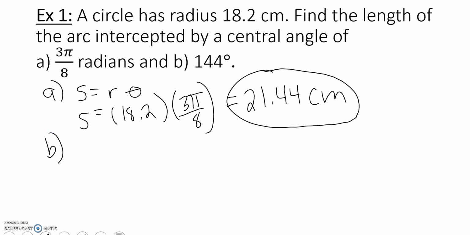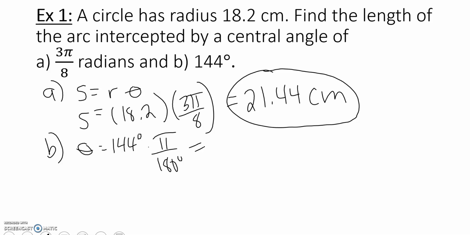Now for part B, it wants us to find the arc length on the same circle with the same radius, but this time the arc is formed by a 144 degree angle. In this case, our angle theta is in degrees and we have to convert it to radians. So theta is equal to 144 degrees, and to convert from degrees to radians, we multiply by pi over 180 degrees.